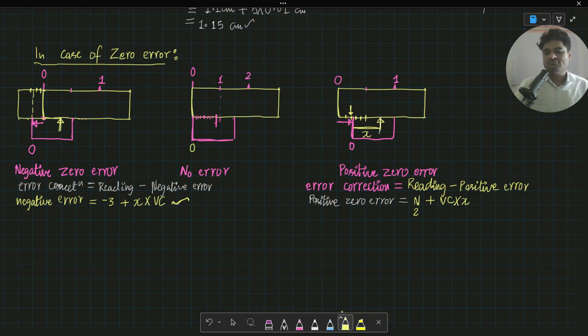But in negative zero error, you need to calculate like this, or you calculate from the right side: whichever subdivision is aligned, minus of that value is the negative error. You can do it from the right side if you want to consider only the aligned number, or you can also measure it like this, since this is -3 subdivisions, and we can do the normal measurement. There is no issue about that.